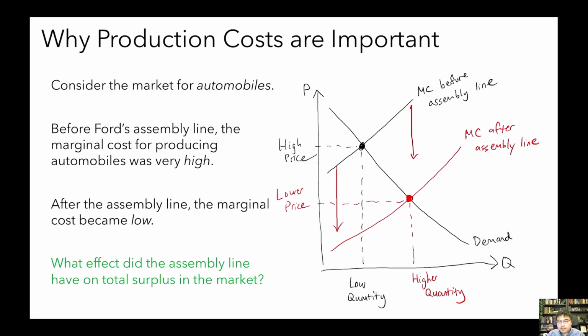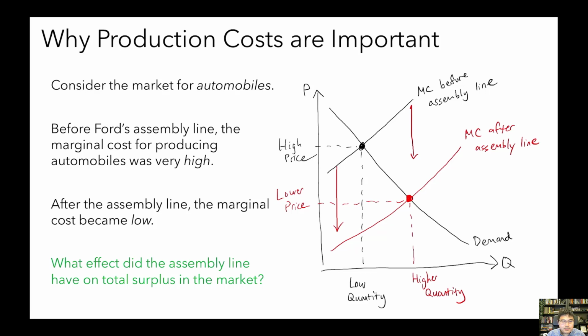So what did the assembly line do to the market for automobiles? Well, now not only could people buy cars at a cheaper price, but they're able to buy a lot more of them too. So the car might have gone from something that only rich people could afford to something that everyone can have. And that's the kind of shift that can have a really big impact on society.